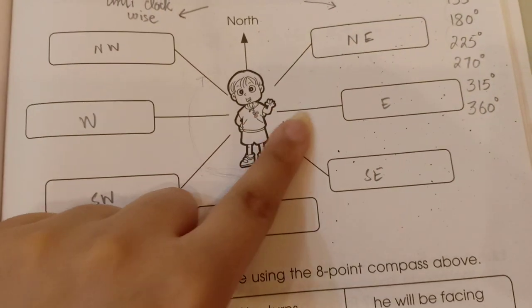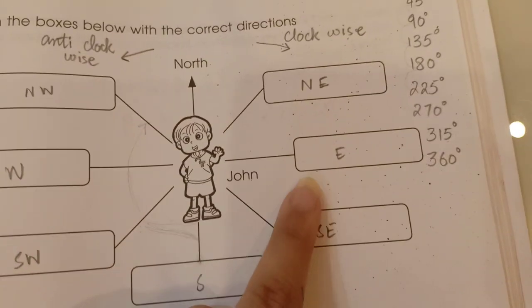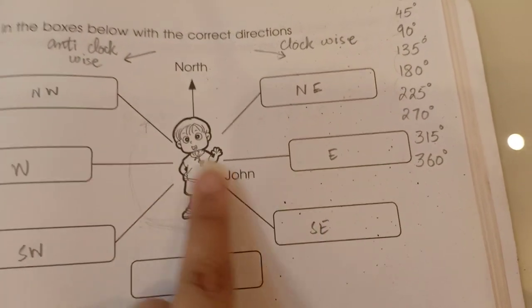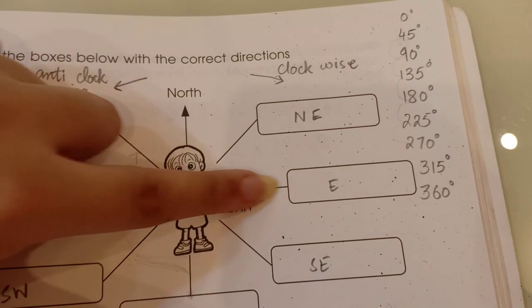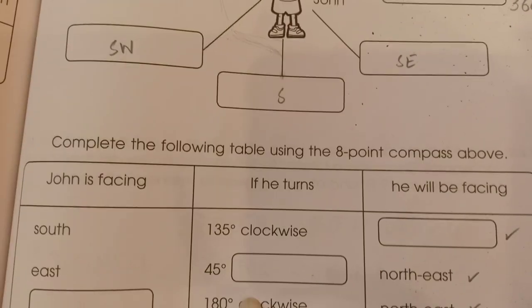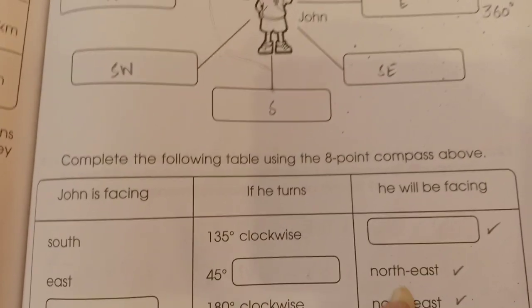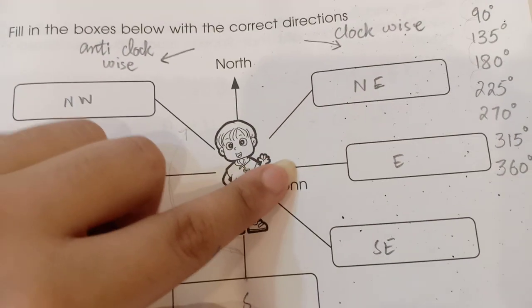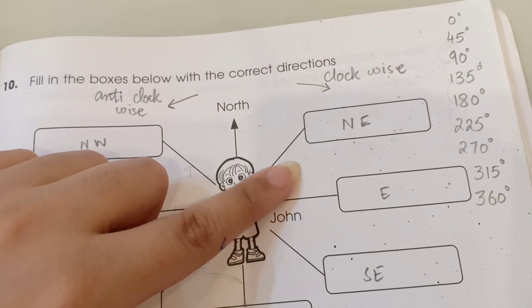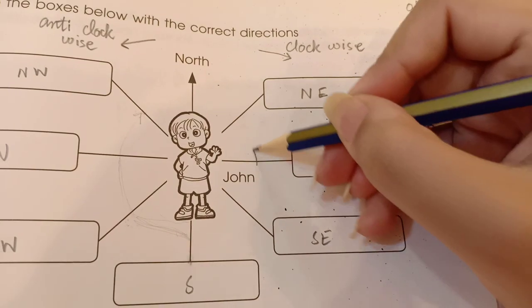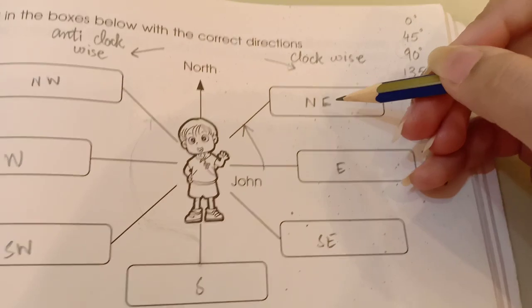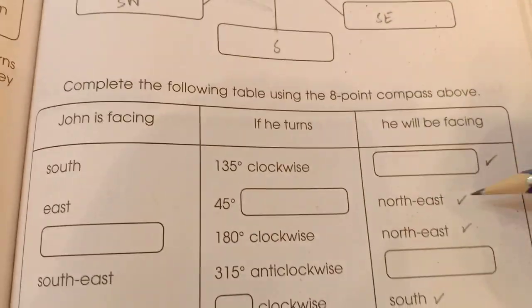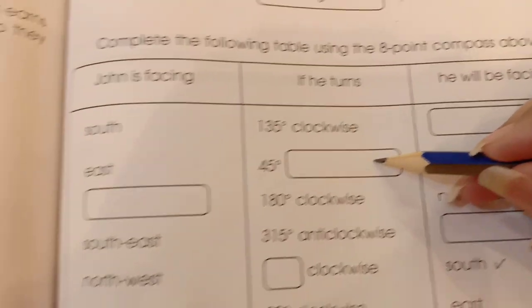John is facing east, this is the east, and he has to face now in this direction, 45 degrees, to reach northeast. Northeast is here. So he has moved 45 degrees anti-clockwise to reach northeast. So you will write anti-clockwise.